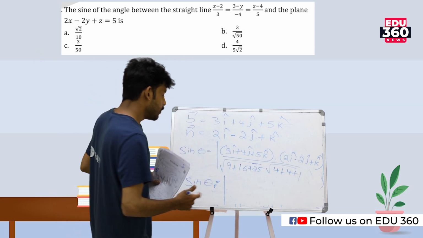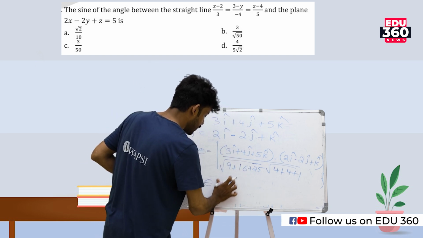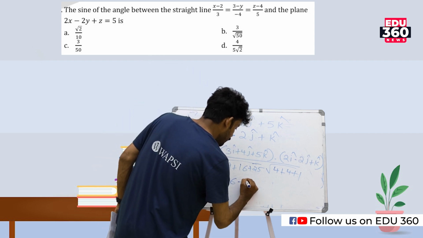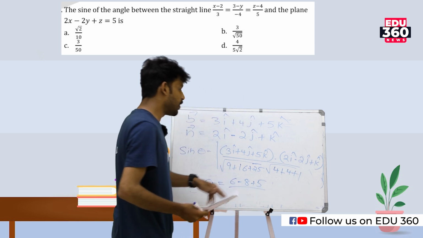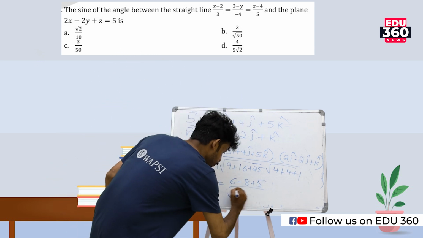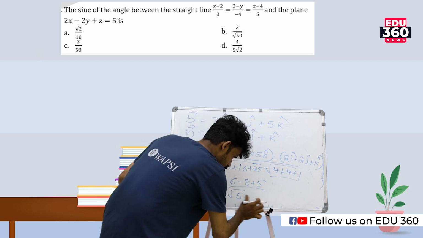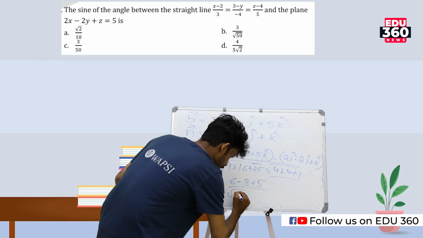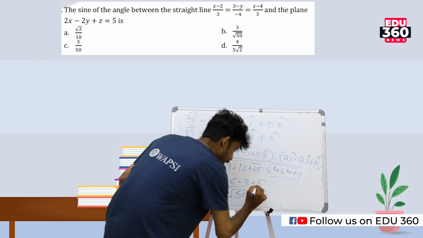So sine theta is equal to 6 minus 8 plus 5 divided by, what about this one? This is equal to 15, root 15 into root 9.